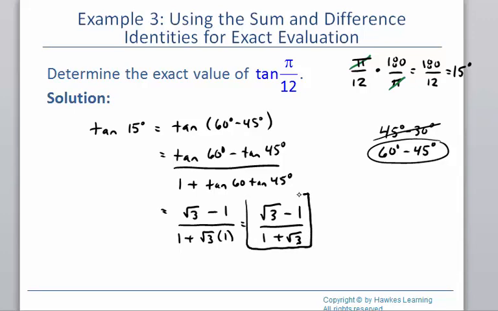Now, you may have seen in other classes that we are really not supposed to have a radical left in the denominator of a fraction, and we're supposed to multiply by the conjugate in order to remove that radical out of the bottom of the fraction. However, in this case, because that algebra is so involved when we go to remove the radical from the denominator, we are allowed to leave it as is.